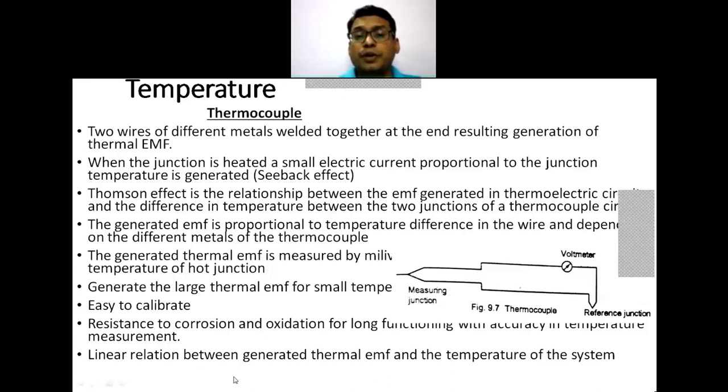Then there should be a linear relationship between the generated EMF and the temperature. In general, when we are going to calibrate all these equipments for a particular range of operation, the generated EMF should be directly proportional to the temperature.